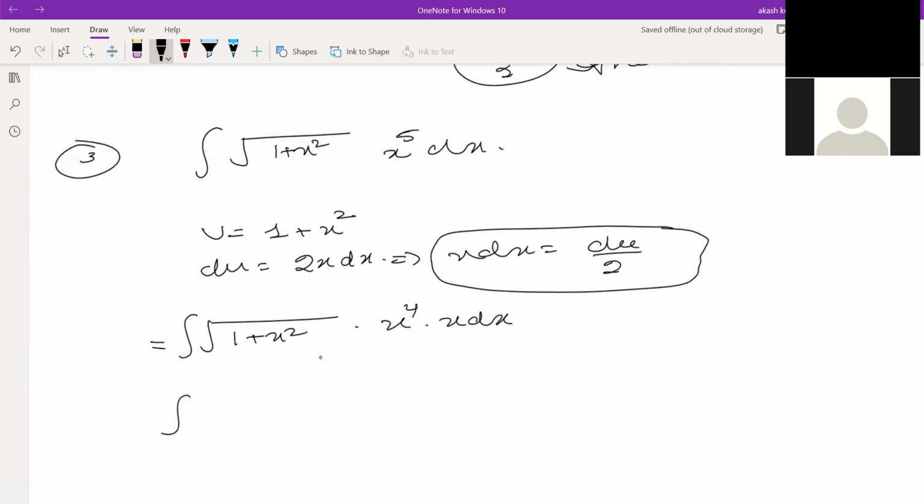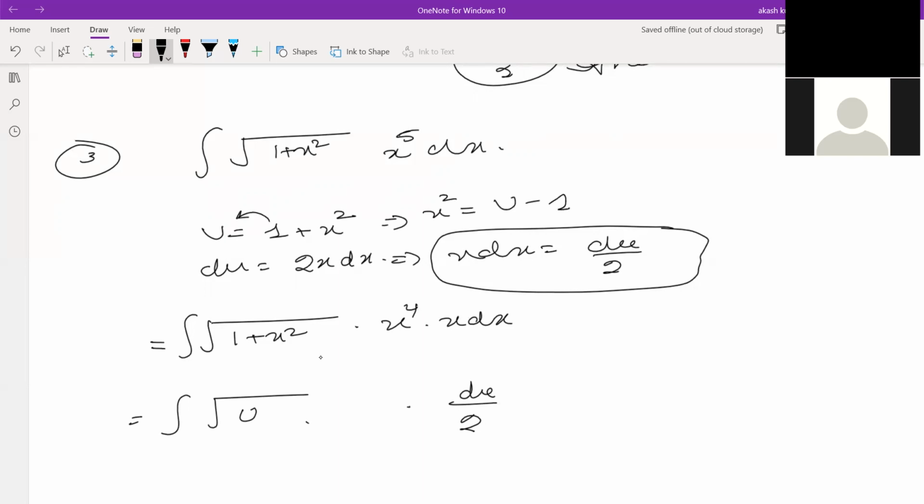Okay, now instead of 1 plus x square, can I write u? And x dx, can I write du over 2? Now I need my x^4 in terms of u, so I can replace it here. Can I write x square equals u minus 1, taking 1 to that side of the equation?